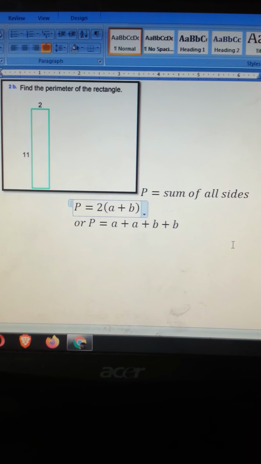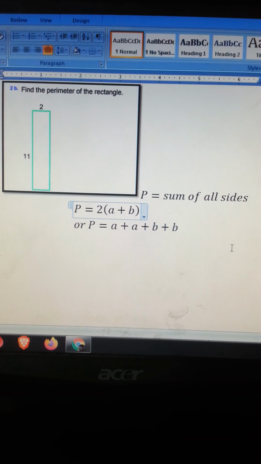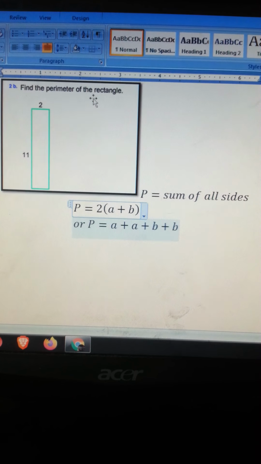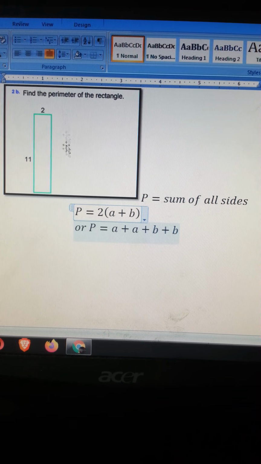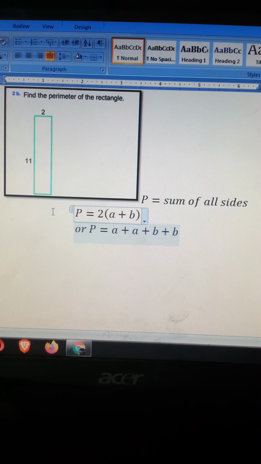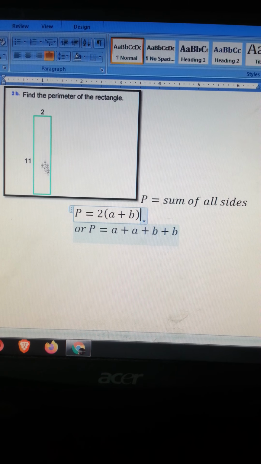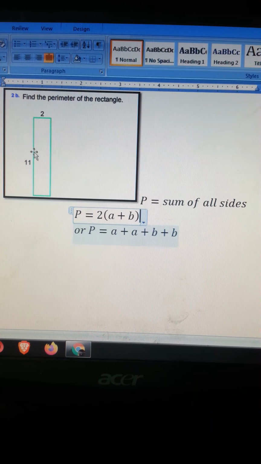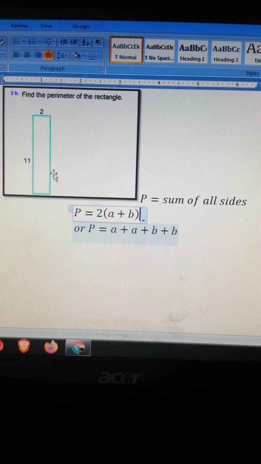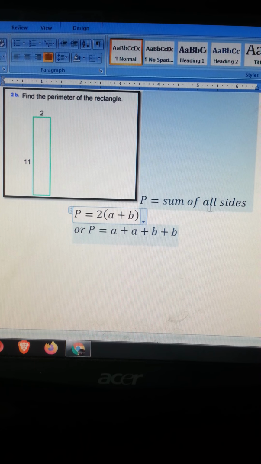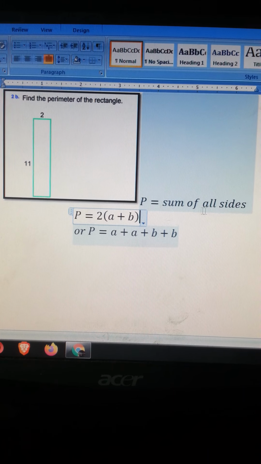Here you can see that we are doing perimeter after area. So over here, perimeter, you know that the outer surface or the outer boundary of any object or shape is its perimeter. We have to find out the perimeter of a rectangle. A rectangular shape is given to us. So first of all, I have written the formula for perimeter, the sum of all the sides.